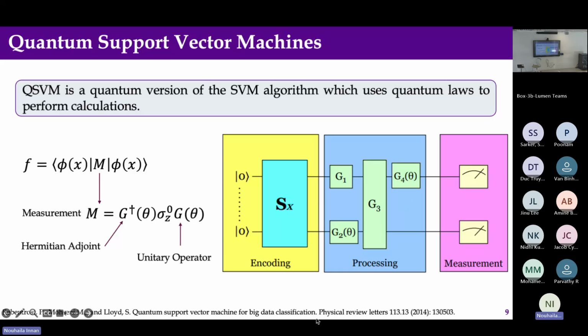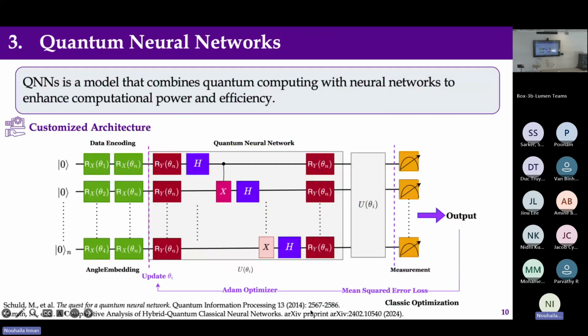Moving to another widely used model, the quantum neural networks. It's the same thing. Here we can apply all the techniques that come from classical regularization, like dropout, if we have any overfitting or underfitting. It also depends on the data set: if it is more complex, we add more layers. Then of course, the choice of the gates and the choice of the loss function.